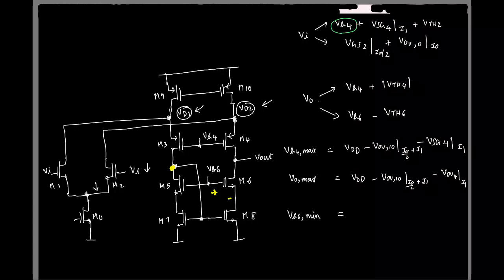It has to maintain one gate to source voltage to carry the required current. On top of it, a minimum drain to source voltage. So that is basically VGS6 at a current I1. So what is Vout minimum? It's basically V overdrive of 6 at a current I1, V overdrive of 8 at a current I1. Again, in this case, it turns out it's just these two overdrives, that's all.